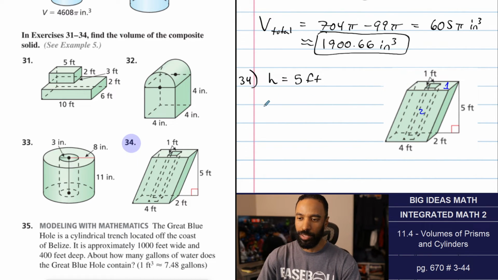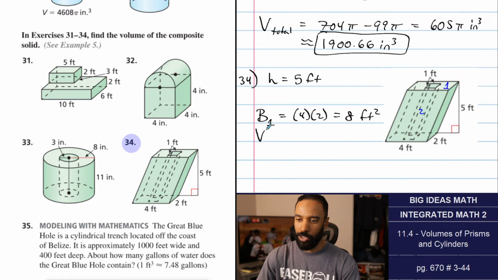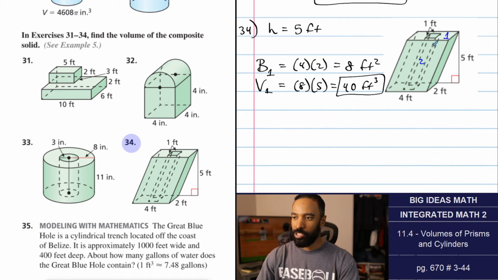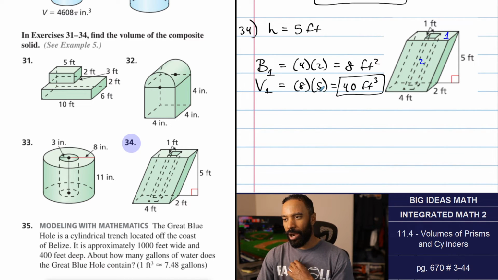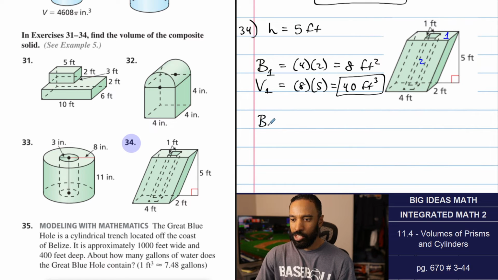So for volume 1, let's find the area of the base, and then we'll multiply it by the height. Area of base, it's rectangular. Just by nature, I guess we assume it is. So 4 times 2, which is 8 square feet. So the volume of object 1 is area of base times height, which is 40 cubic feet. Area of base 2, that's a square. That's a square prism. They're showing both of these are ones.